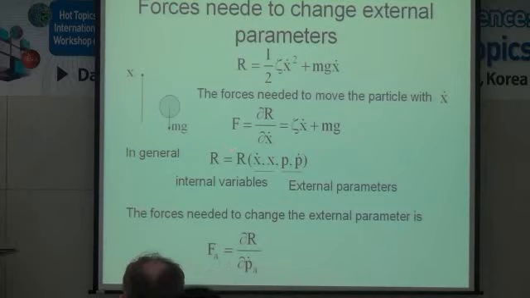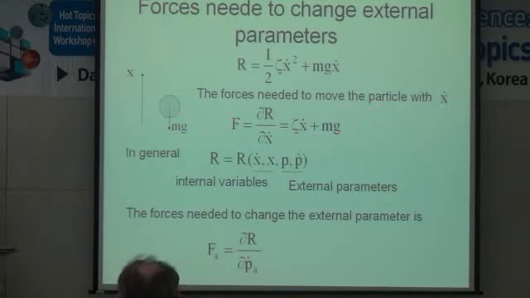Then dR/dx dot, theta x dot plus mg, is equal to the force that you need to apply to the particle to change the position of the particle with rate x dot. So this is just the sum of the frictional force plus the gravitational force.